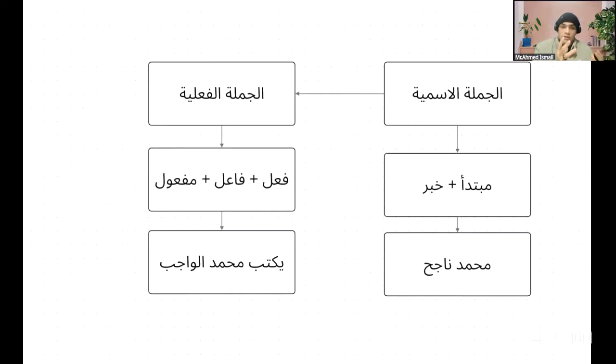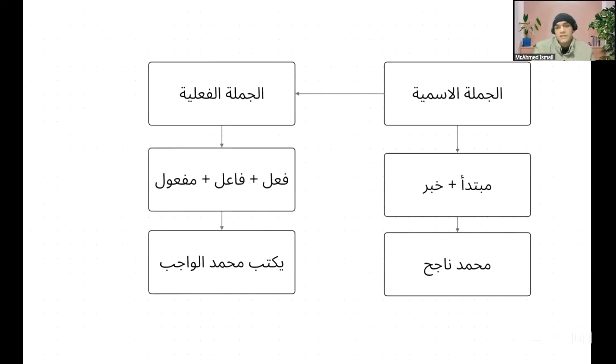You need to know something that's so important. Sometimes you will not have these things in order. For example, sometimes you have the مفعول before the فاعل. How could you know if this is مفعول or فاعل? By two things. Maybe the meaning.